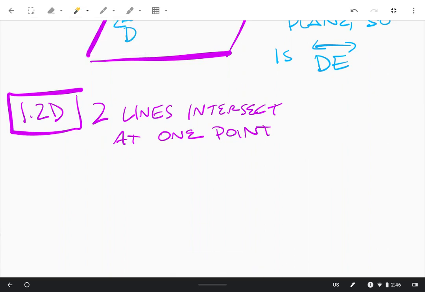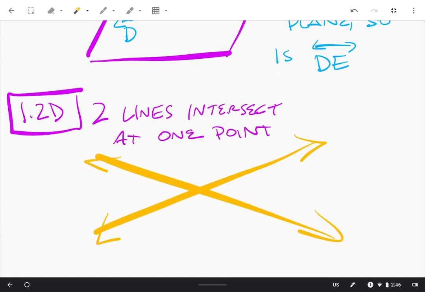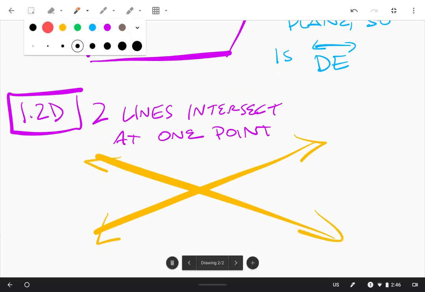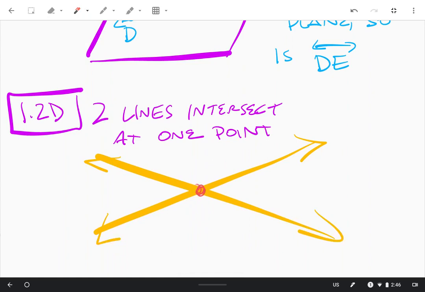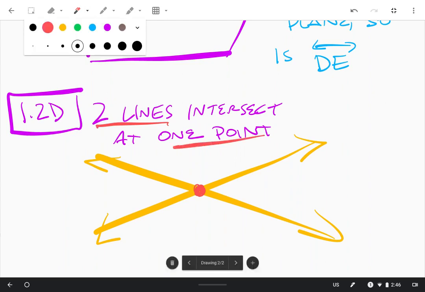If I have these 2 lines, it's clear that they intersect at just 1 point, and that is this point right here where they intersect. They don't intersect in any other place but that one place, and that is true of all lines. Any 2 lines intersect at just 1 point.